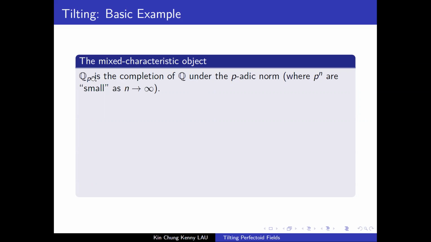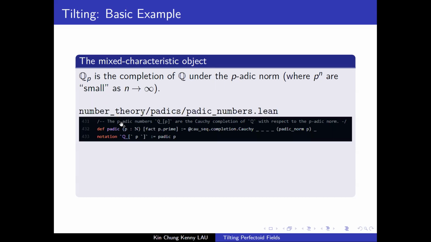And then we also want to consider extensions of Q_p, which are well understood by local class field theory. In particular, to tie to Lean, this Q_p is already in Lean, although I didn't write this.